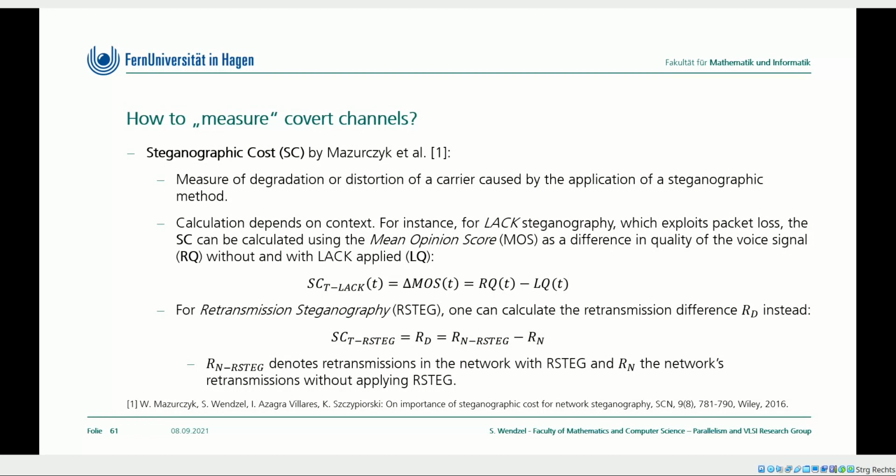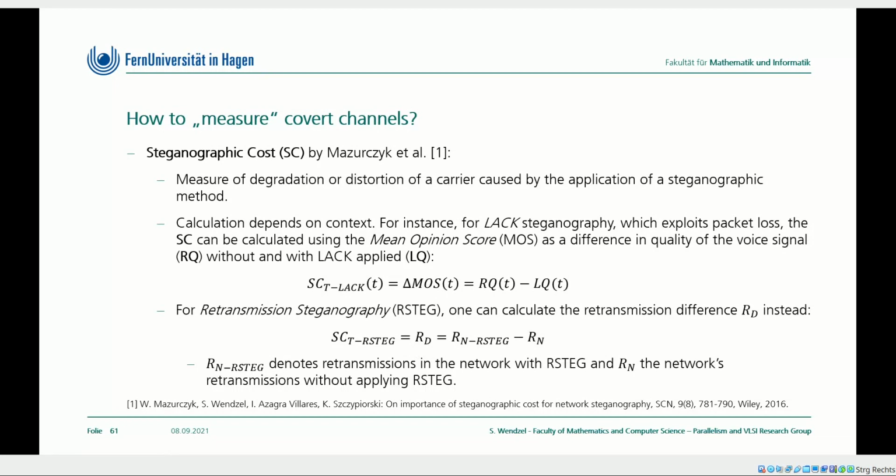However, the difference is in the appearance of retransmissions. In the easiest way, you would, either for the whole flow or for a time window, here it's calculated for the whole flow, calculate the total retransmission steganographic cost by the difference in retransmissions, called RD here.